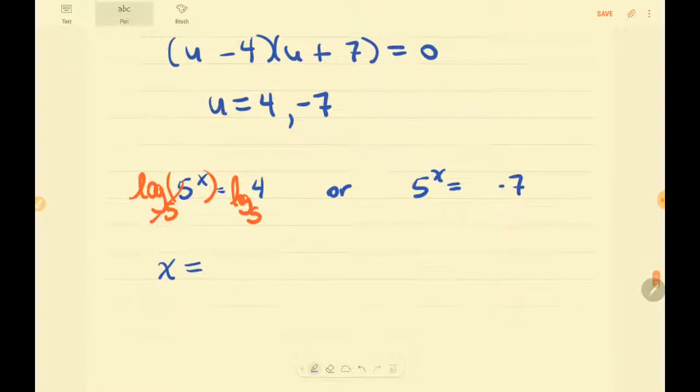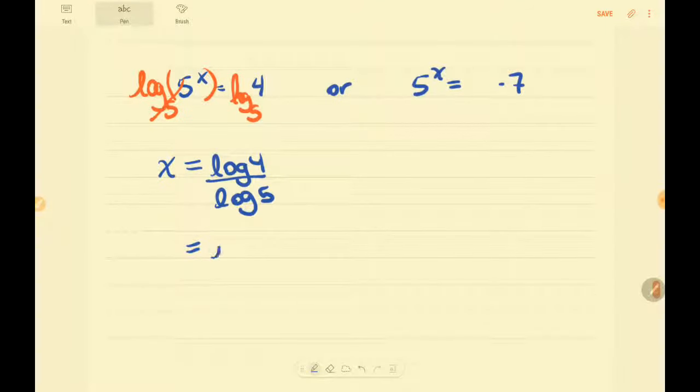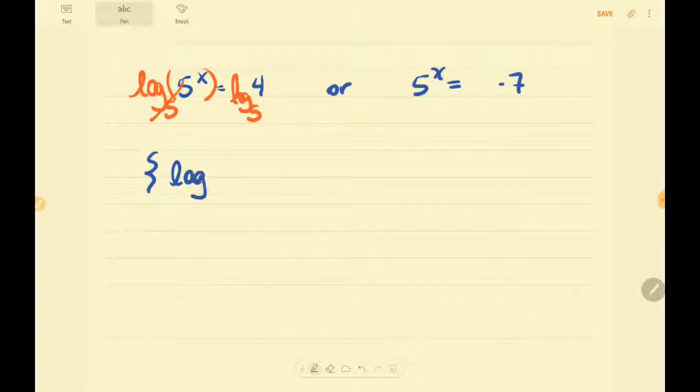If you were going to evaluate this, it would be log of 4 over log of 5, and that's base 10 when you don't write a base, or natural log of 4 over natural log of 5. Both of those would get you the approximate answer if you had to evaluate it. But the directions for this said to leave it in exact form, so that is my answer, log base 5 of 4.